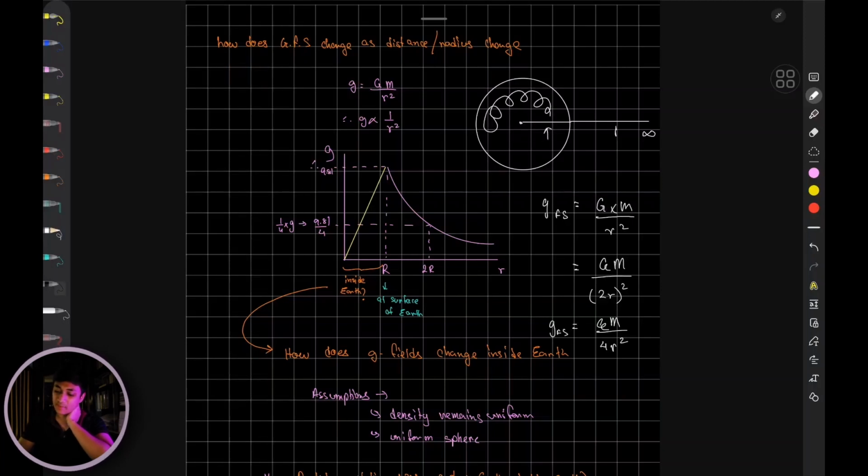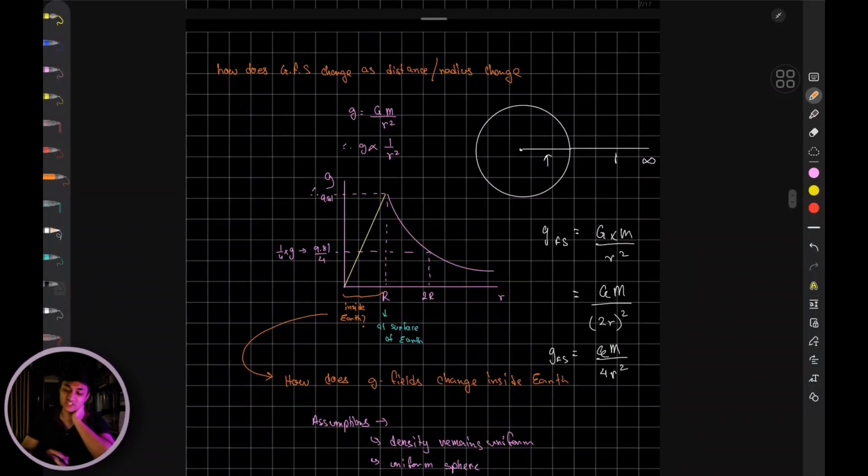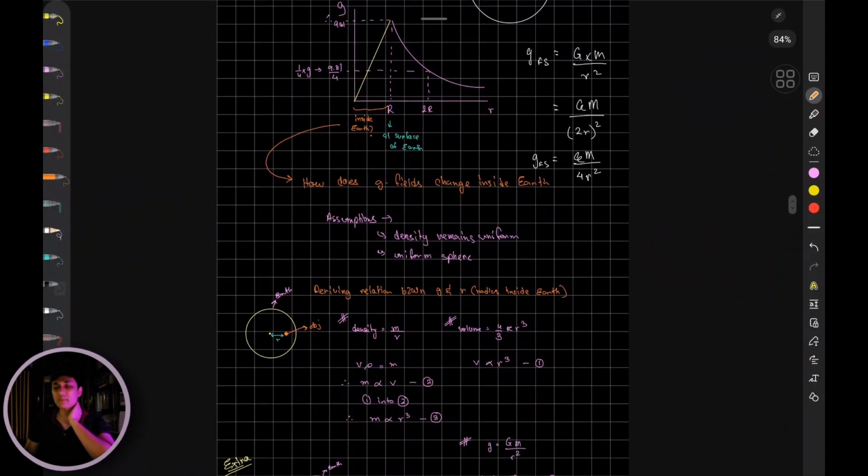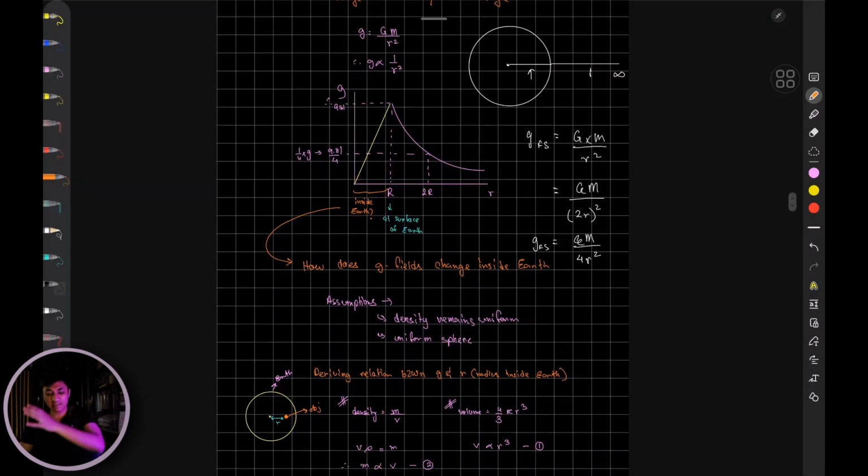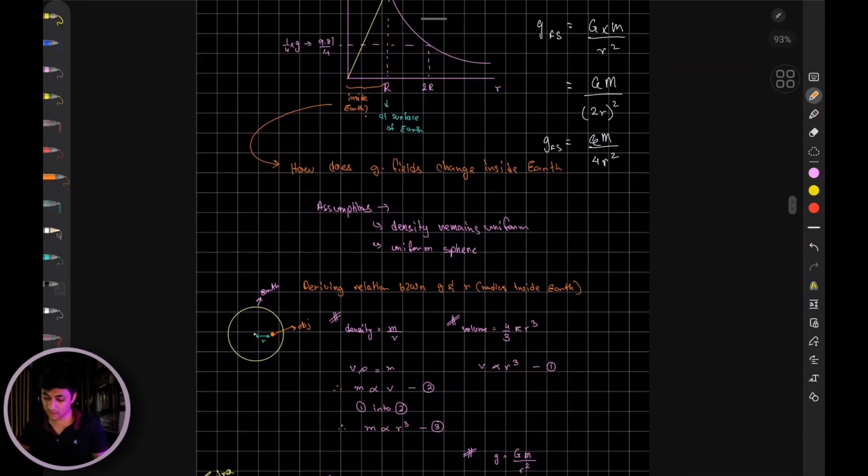You have some amount of mass on this outer rim, and you have some amount of mass inside the body. So there must be attraction from either side. Now, we can understand this better by deriving a formula to see how your gravitational field strength is going to vary as you go inside the Earth, right?